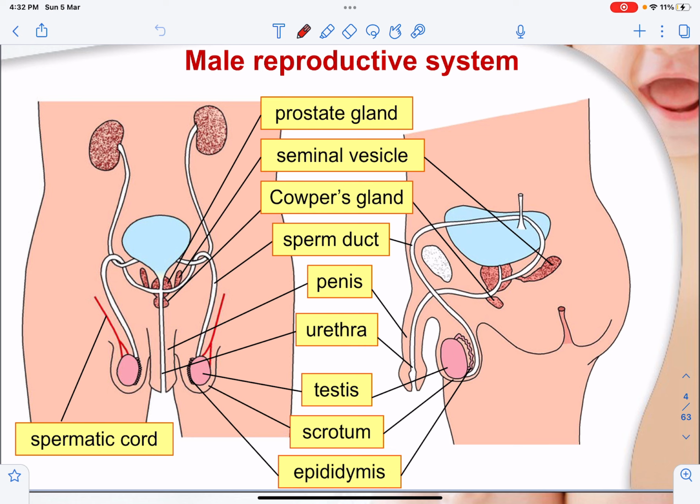Then you have your epididymis, which stores inactive sperm from the testes before they are released into the sperm ducts. The spermatic cord generally supplies blood to the testes, keeping your testes alive so that they can continue their function of producing sperm and testosterone.